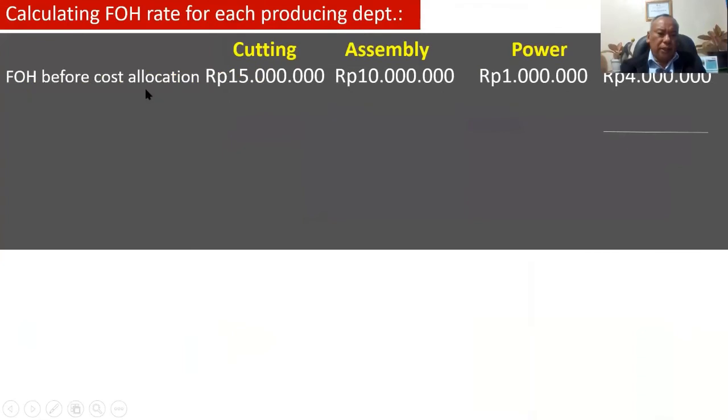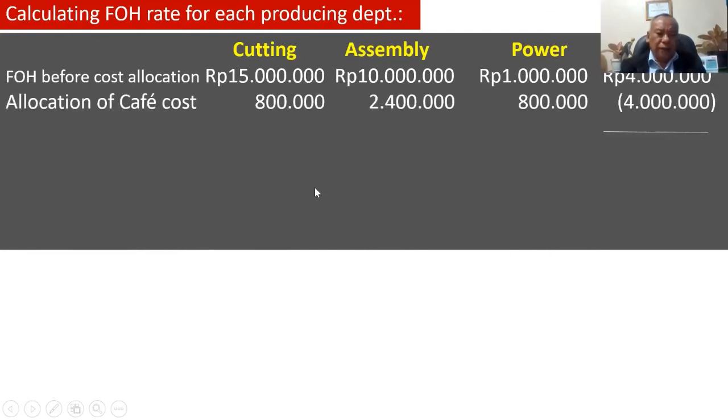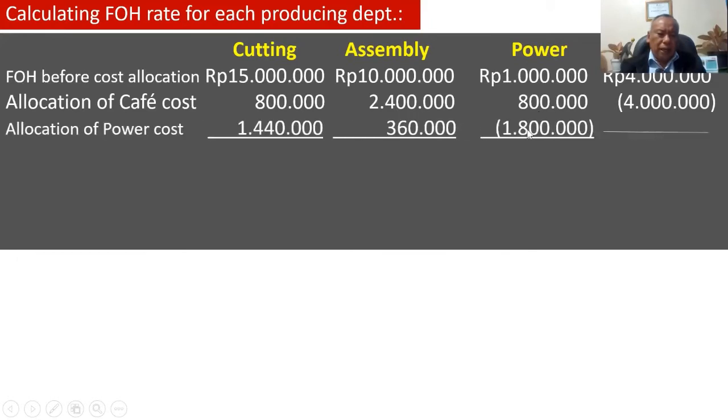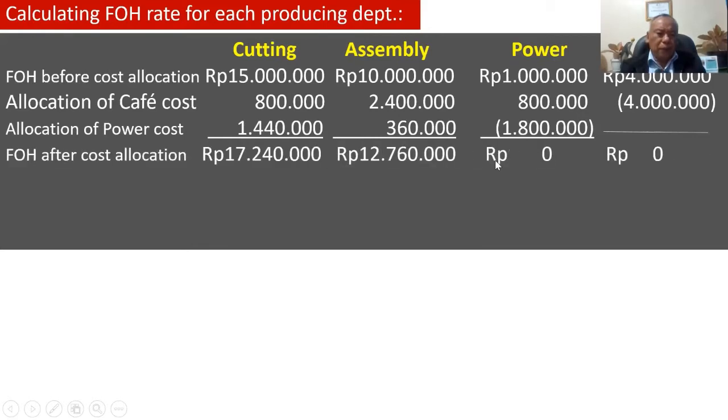This is the factory overhead cost before service department cost allocation. Then the allocation of cafe costs: we have 4 million allocated to cutting, assembly, and power. Then the allocation of power costs only to producing departments. There is no allocation to cafe, because of the non-reciprocal allocation method. Then we get the total factory overhead cost after service department cost allocation.